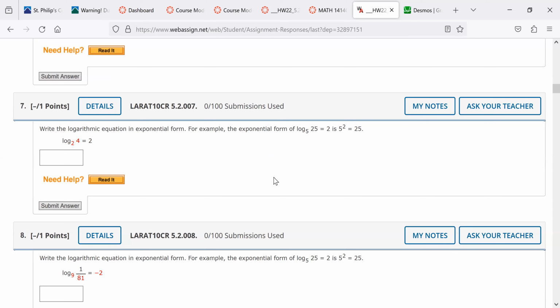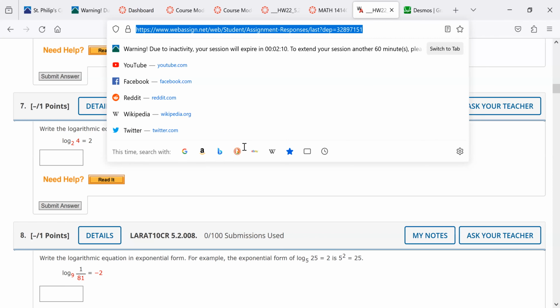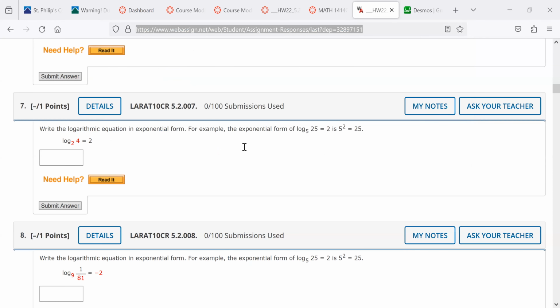Here they're giving us an example of how to change an exponential to a logarithm. But let's do this one based on that definition. So the base is 2.